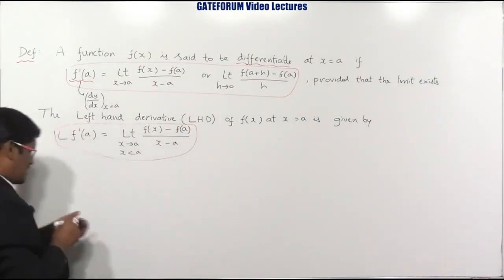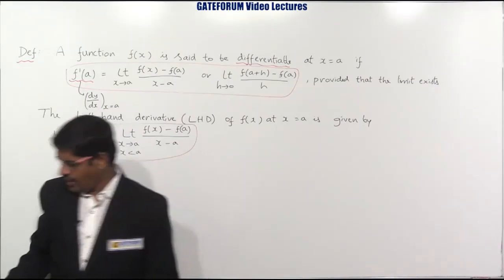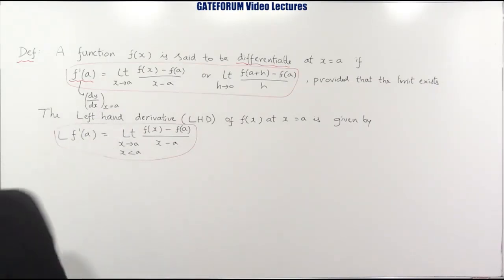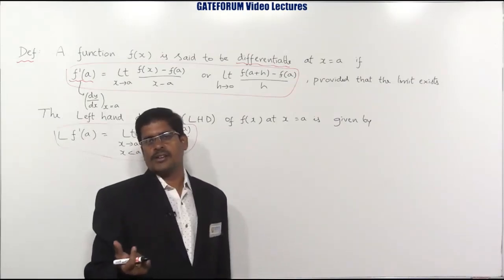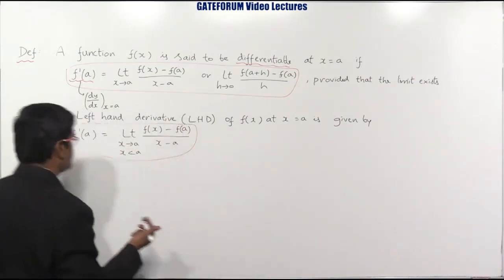I told you in the last class left hand limit, right hand limit. Similarly here left hand derivative, right hand derivative. When there is a continuity, similarly left continuous, right continuous also.